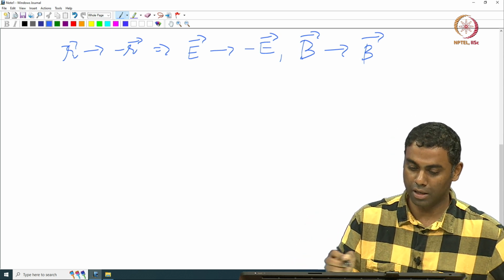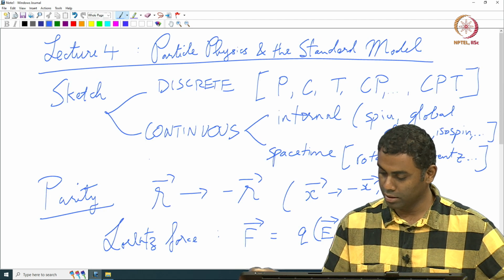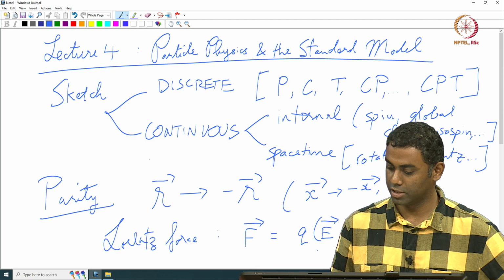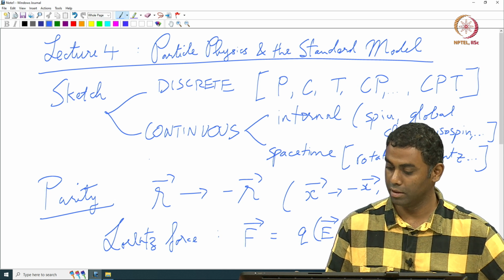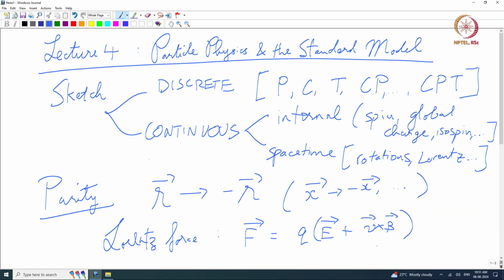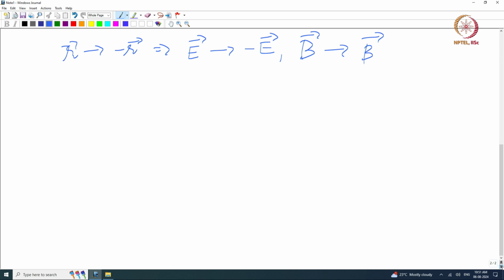Okay. Now, put together, I flipped the sign of E, I have not flipped the sign of B. What happens to V? It goes to the minus of itself. So, the entire right hand side has flipped, which is just what we expect, right? And the force has also changed sign.